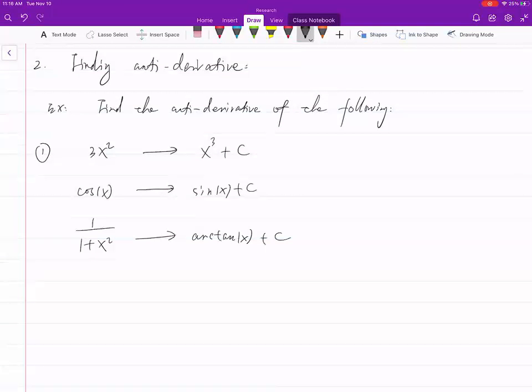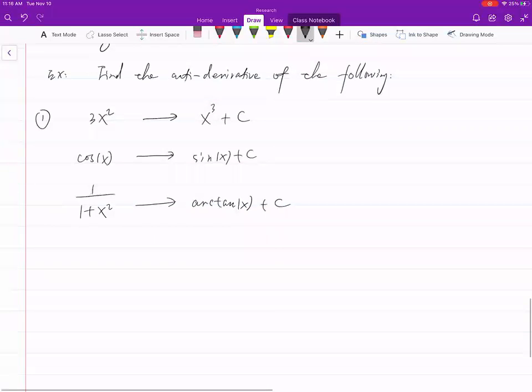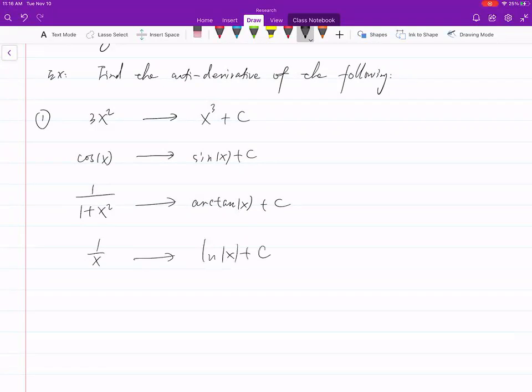Nick, I know you said arctangent, but couldn't it also be ln? What's the derivative of ln? 1 over x, right? Therefore, the antiderivative of this is ln. Can you see they're different now?